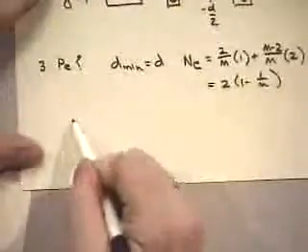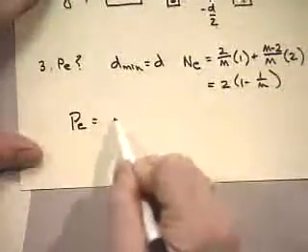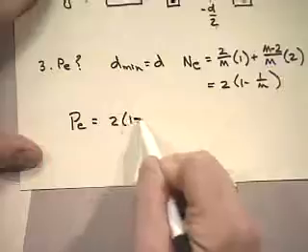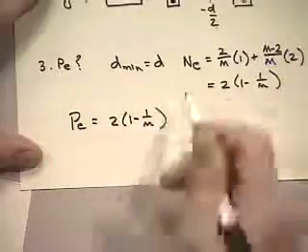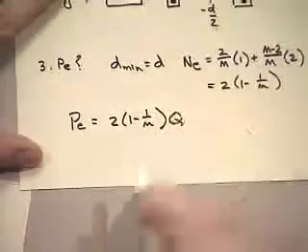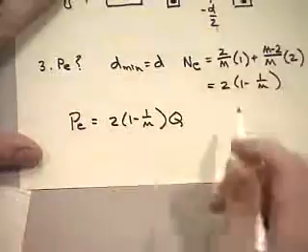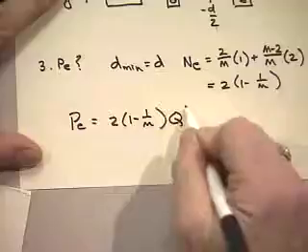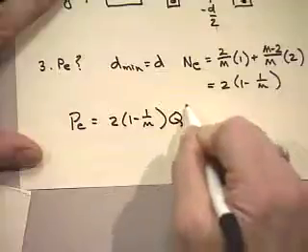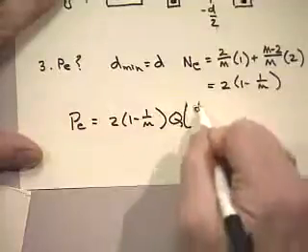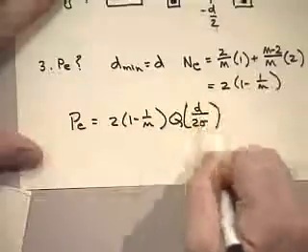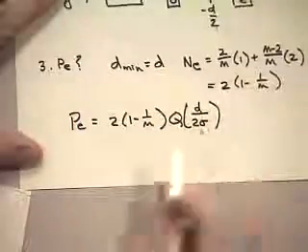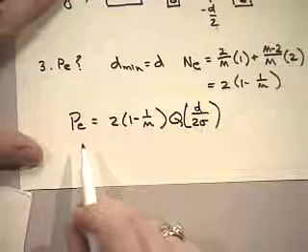My probability of error is then 2 times 1 minus 1 over m, Q of d over 2 sigma. And it's actually not an upper bound in this case. If you look at it, you can see that you don't need to put the less than sign for PAM. It's actually an exact expression. So if I know the distance, then I know sigma.